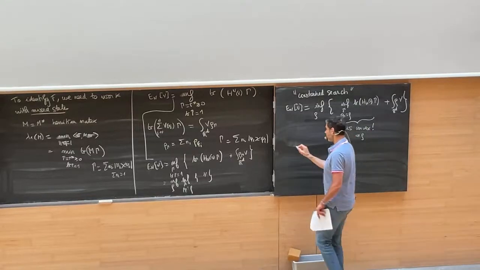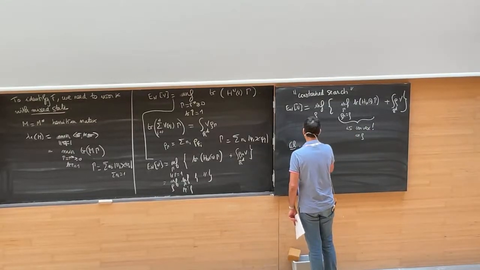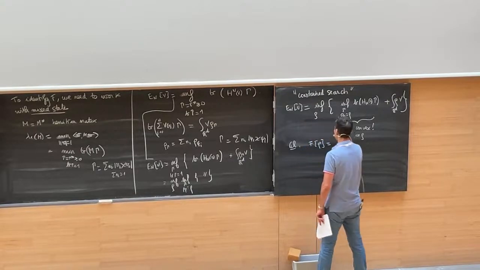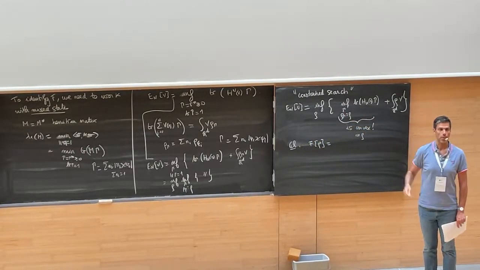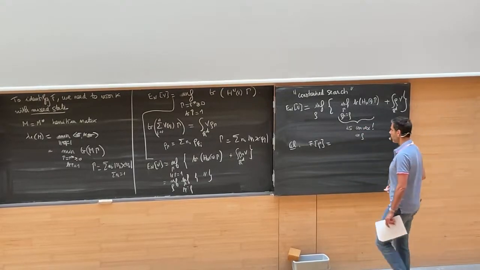And so the conclusion is that f of rho must be, or if you like, we define f of rho like this, and then I will state a theorem that all the other things are valid.